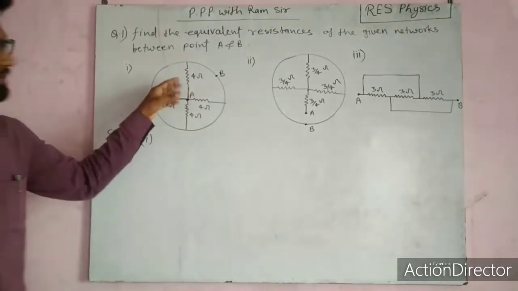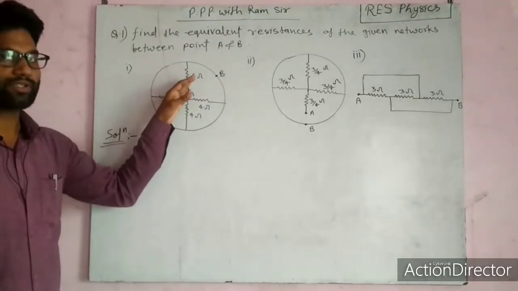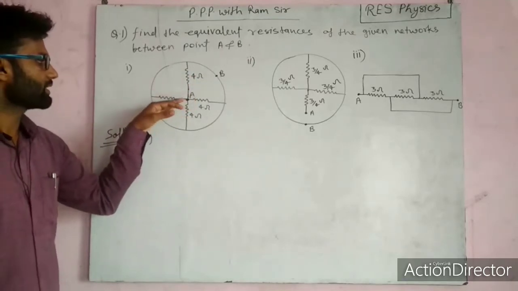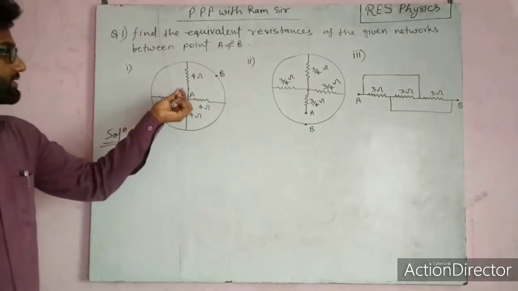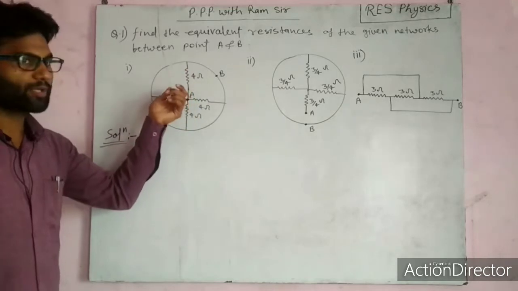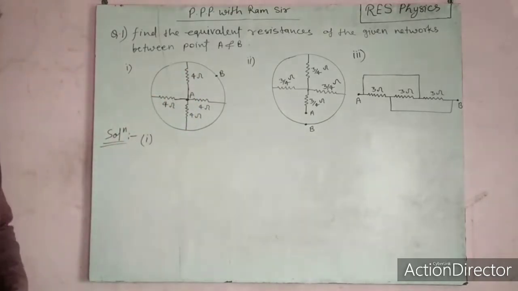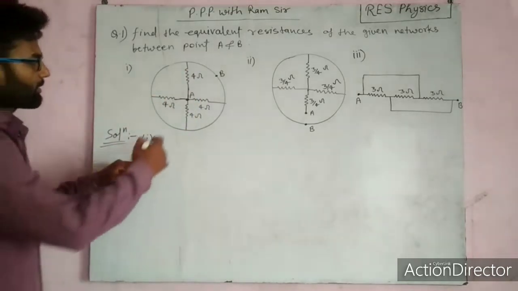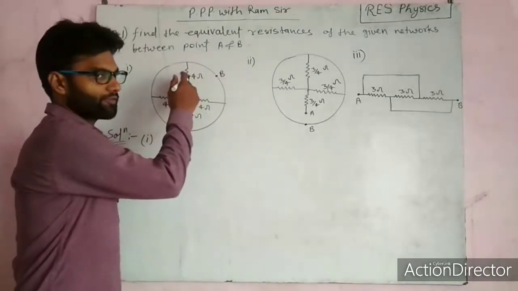As you can see, one circular structure is given in which the resistors are connected in a diametrical manner, right? So this is the symbol of resistance.